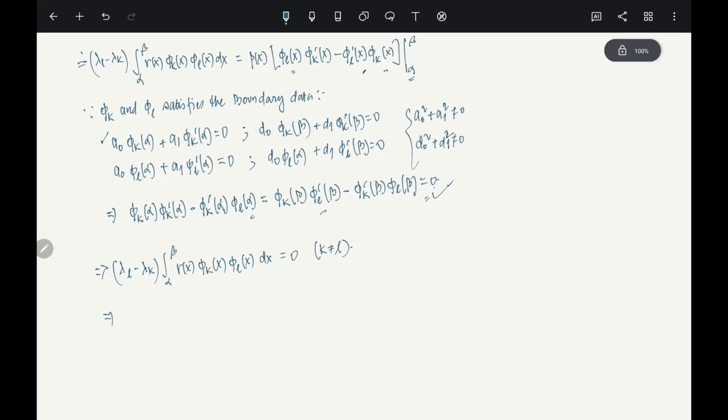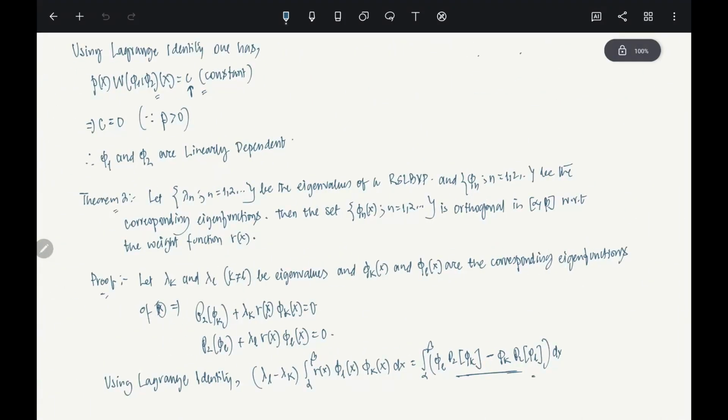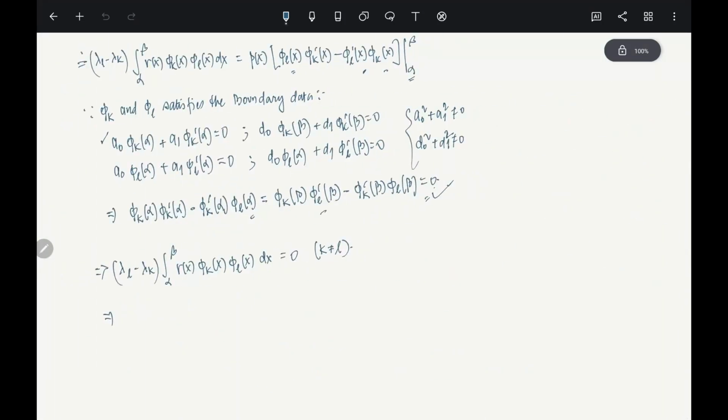Now what does this give you? See, lambda k and lambda l are not the same. This is what we assume. They are distinct eigenvalues, right? So that will imply that the integral from alpha to beta of r of x phi k of x phi l of x dx is going to be 0 for k not equal to l. Is it okay?